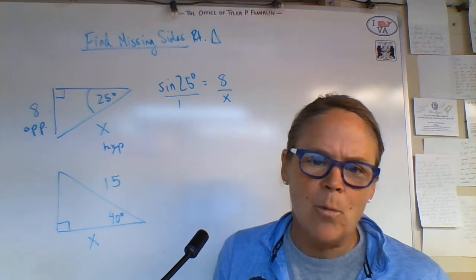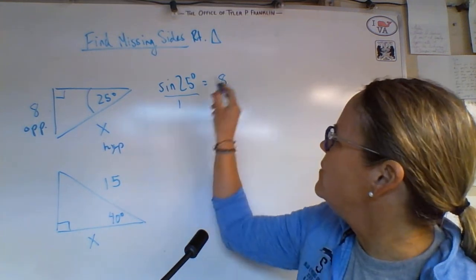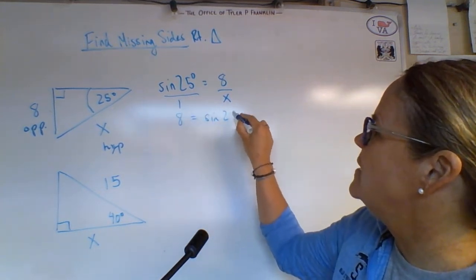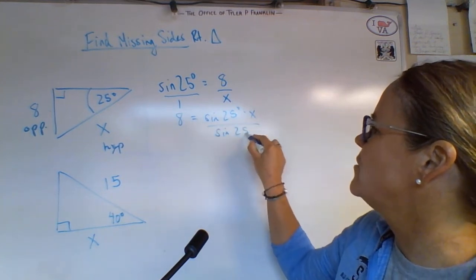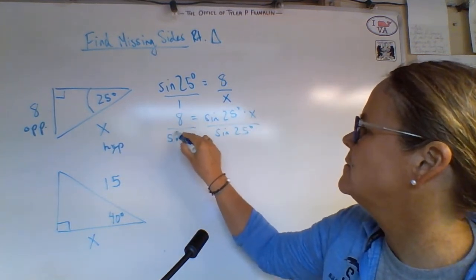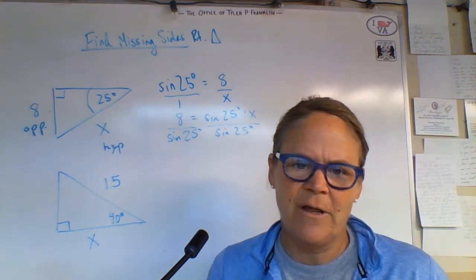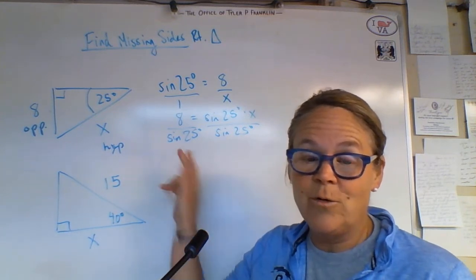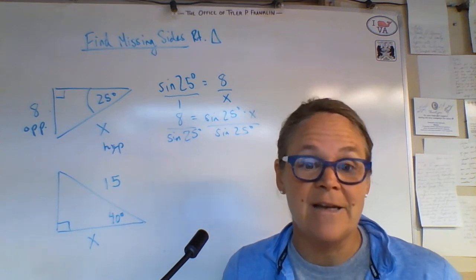I put that over 1 and I cross multiply. So that's going to be 8 equals the sine of 25 times x. To get x by itself, 8 divided by the sine of 25 degrees. On an ACT, that's really all you would do. On any other test, you're going to put that in a calculator.